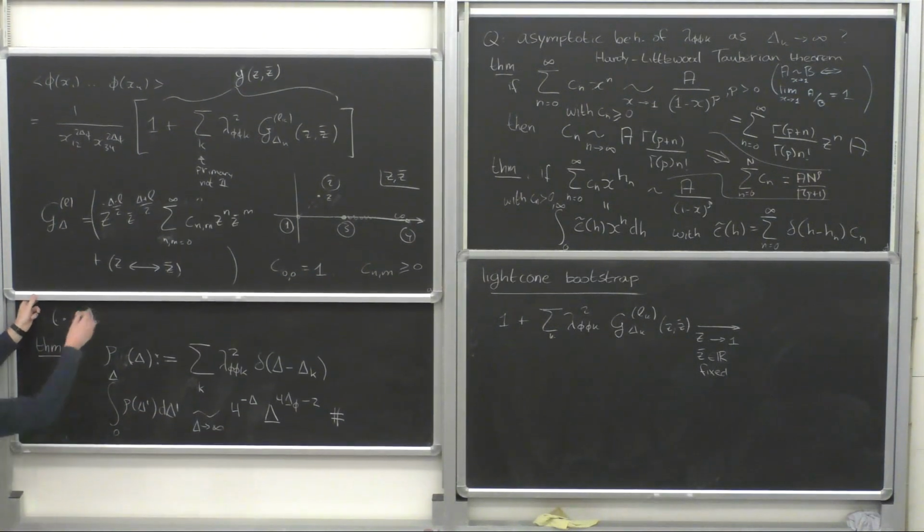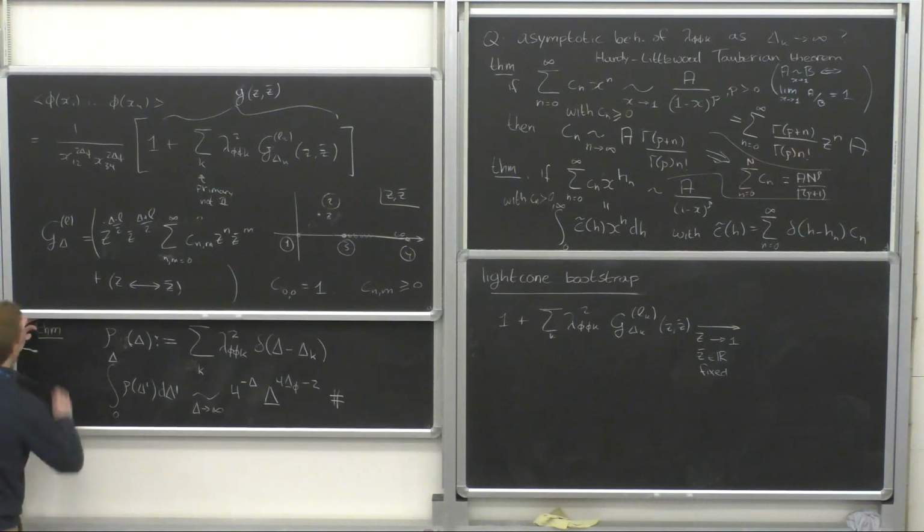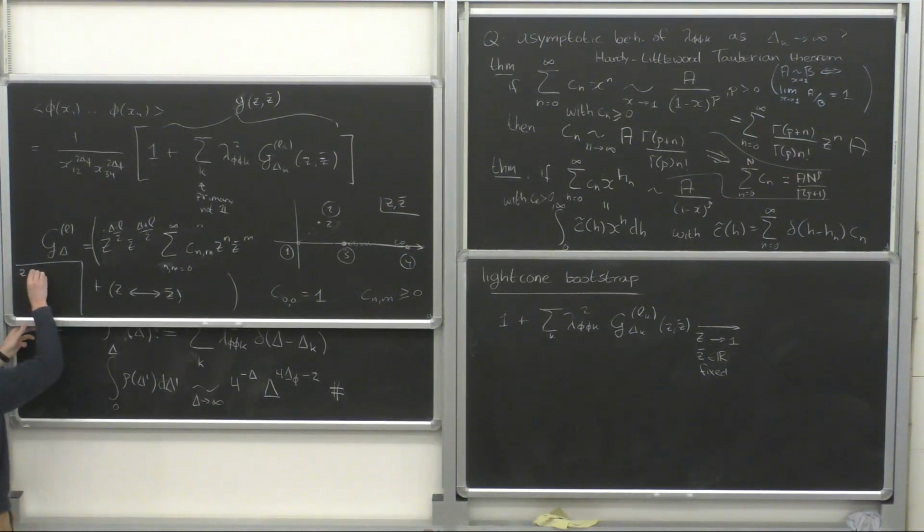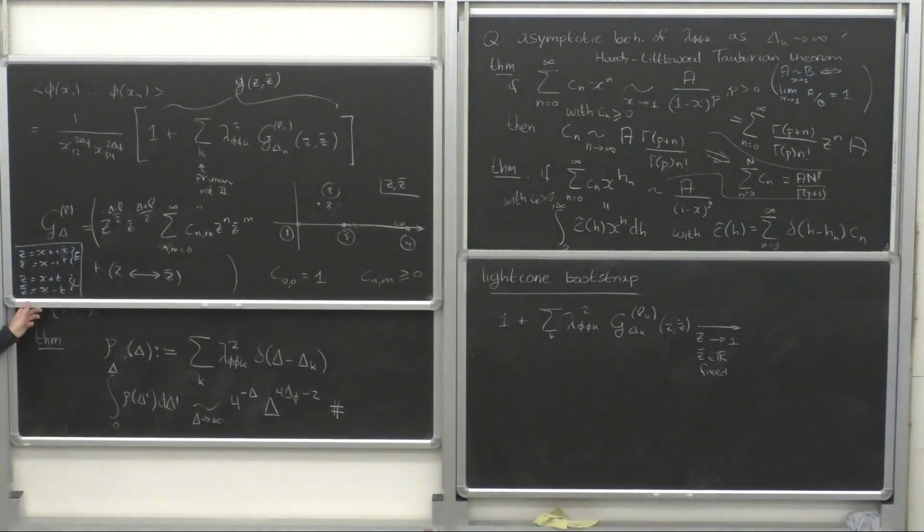Because you can think of this plane, you can think of z as x plus i tau, z bar as x minus i tau, and tau is my Euclidean time, and then I do a Wick rotation to Lorentzian time. So this is Euclidean, and in Lorentzian signature it would be z equals x plus t, and z bar equals x minus t. And now I have two real independent variables.